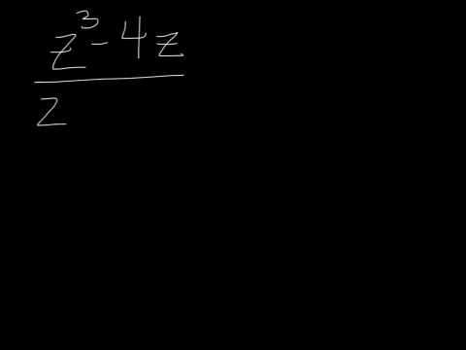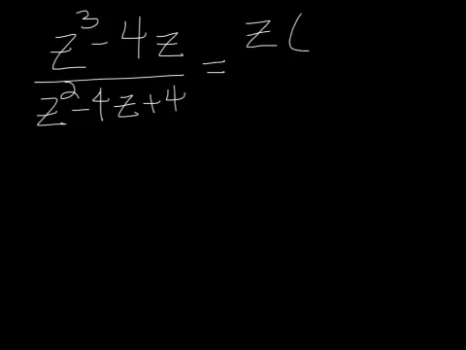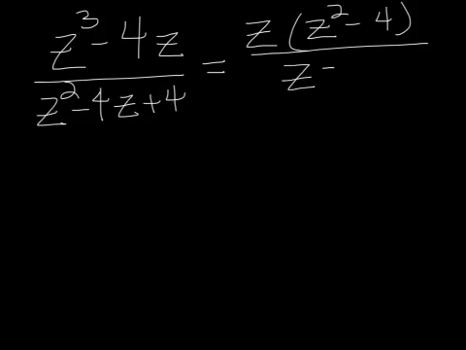Okay, example number 2. Remember factoring, factoring, factoring. On the top, I see a GCF of z, and I'm left with z squared minus 4. I can do something with z squared minus 4. On the bottom, I can see that factors into z minus 2 all squared.